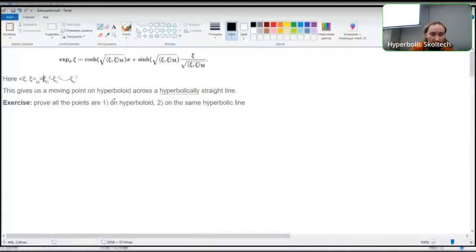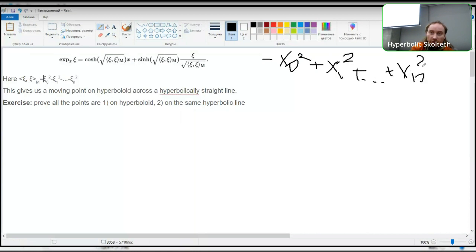Okay, let's do this. We know that minus x0 squared plus x1 squared plus etc. plus xn squared equals minus 1.